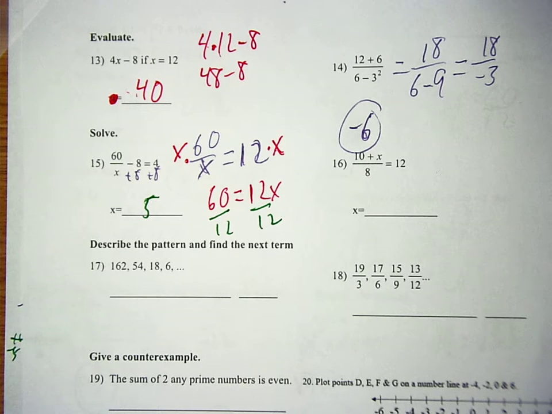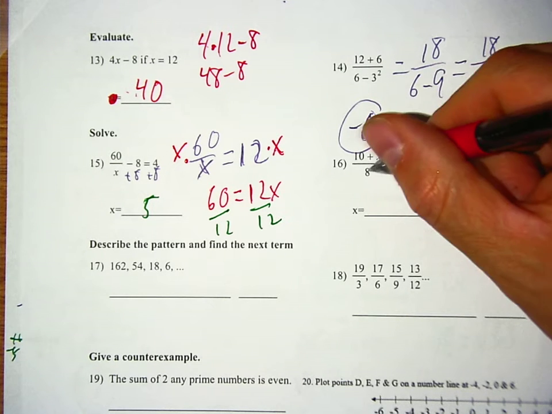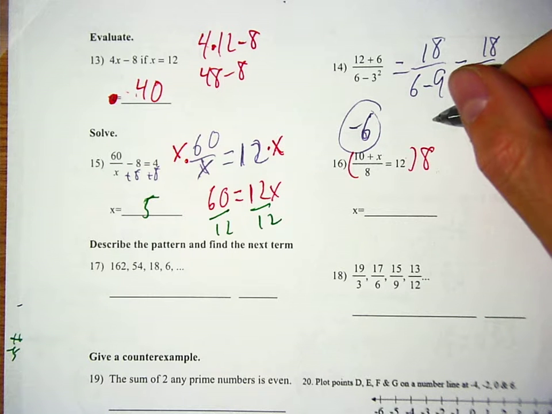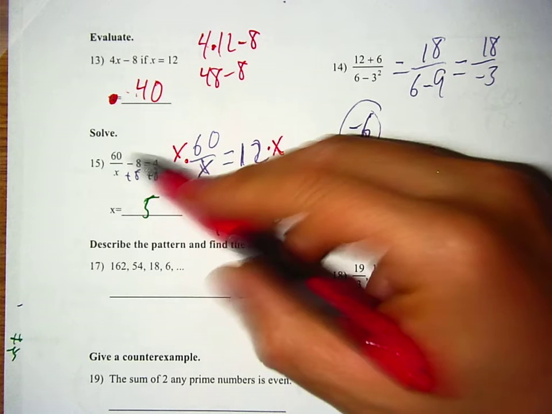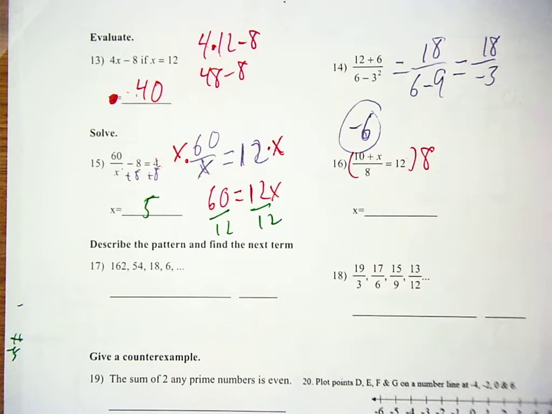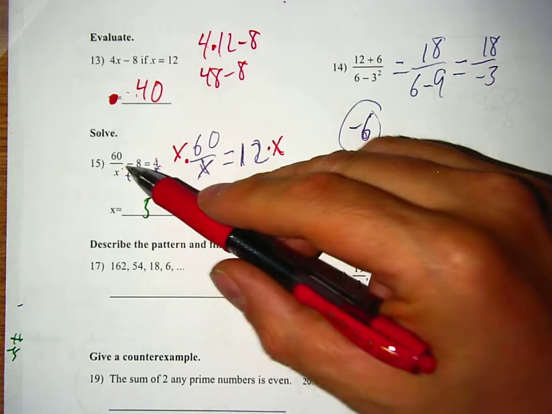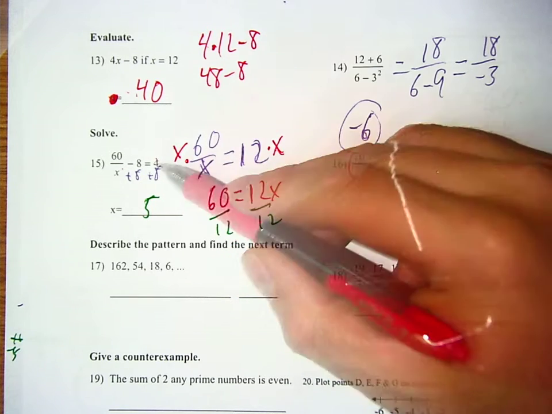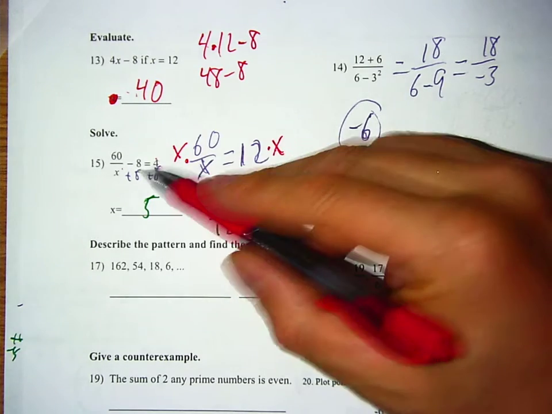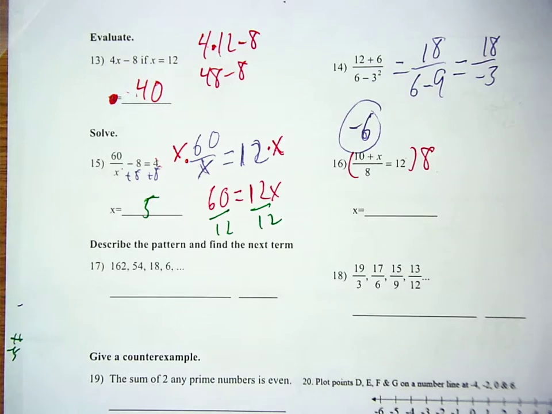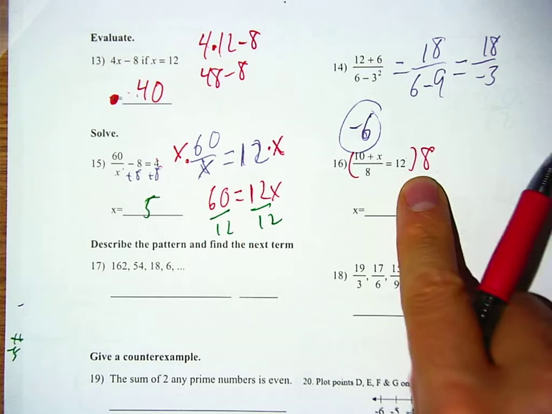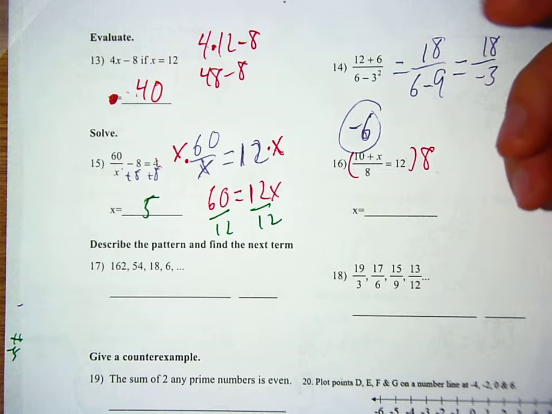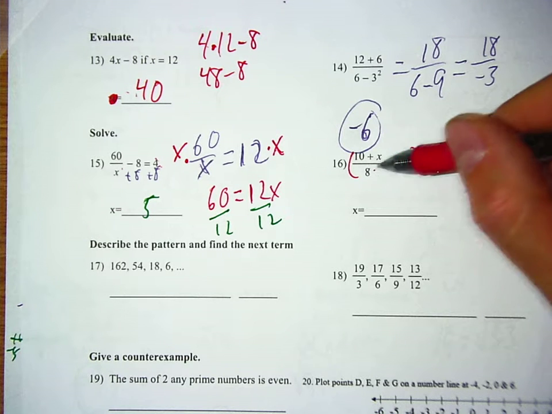All right, question 16. I'm going to multiply both sides, everything, by 8 here. This is again clearing the denominator. So why didn't I just multiply everything here by x? I could have. If I multiply everything here by x, I would have gotten 60, negative 8x, positive 4x. And then if I add 8x to 4x, I would have got 12x. So I'm doing the same thing on both of these questions, even though they're written slightly differently. I'm clearing the denominator.